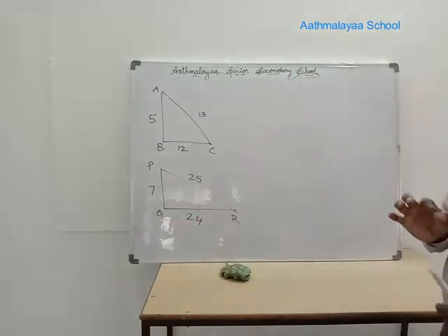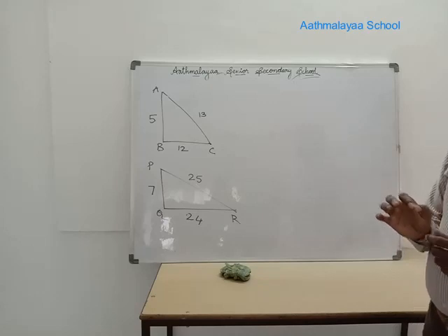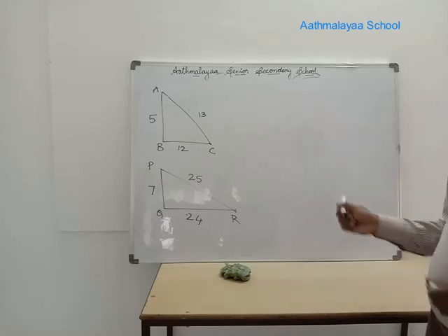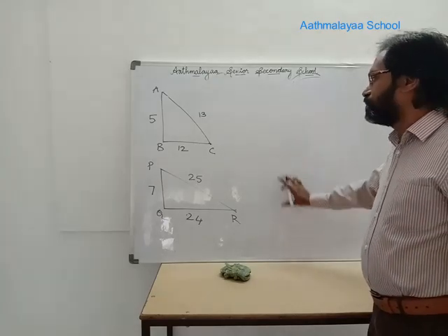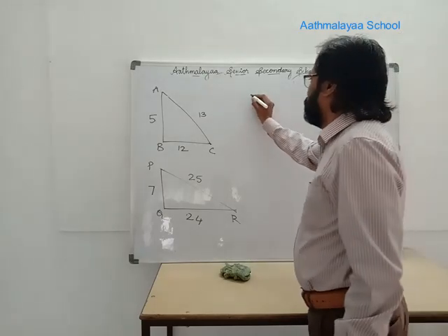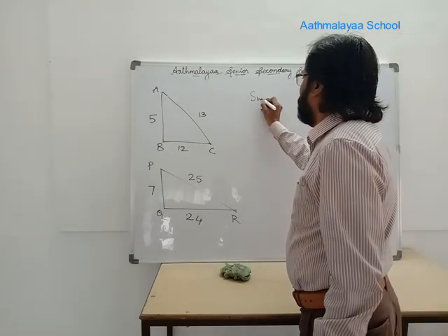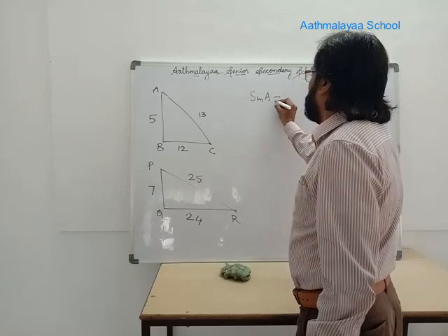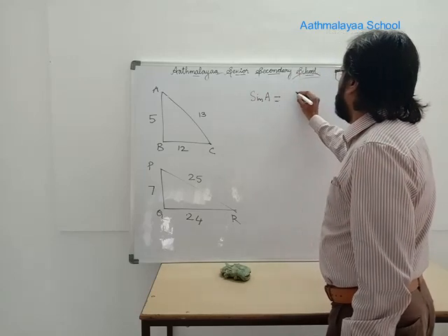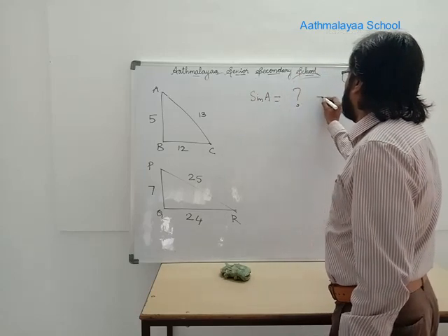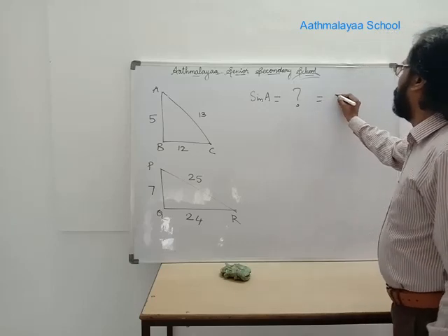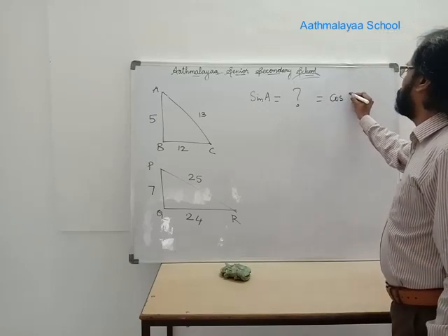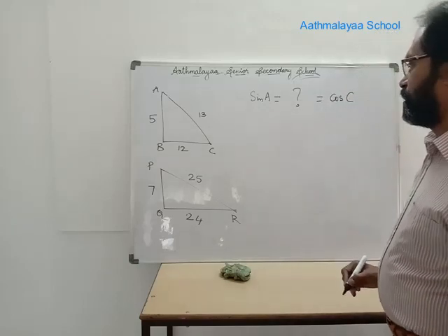Now I am giving you a simple task. The simple task is you have to fill up these values. That is, sin A is equal to dash, which is equal to cos C. Okay.